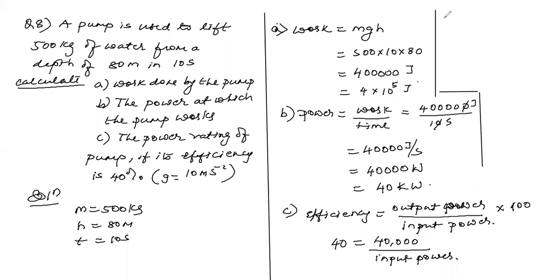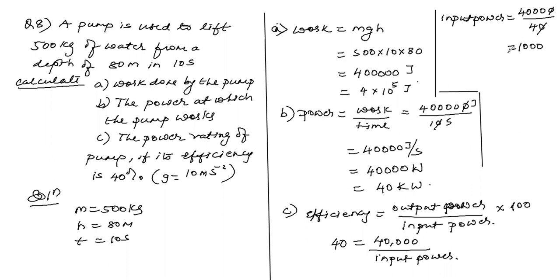Therefore, input power equals 40,000 upon 40. So when you do this, it works out to 1,000.